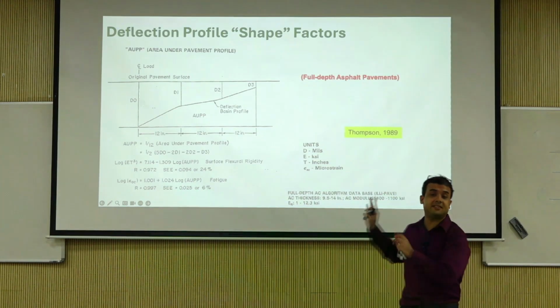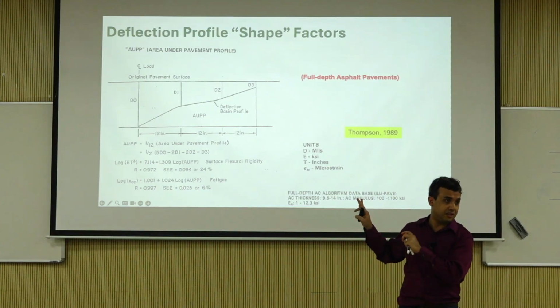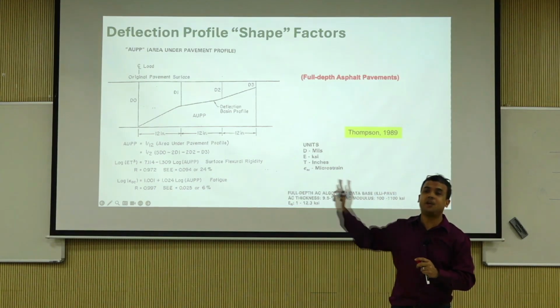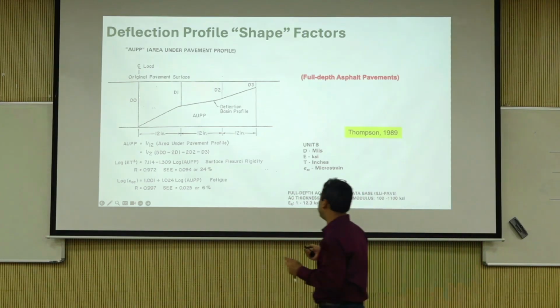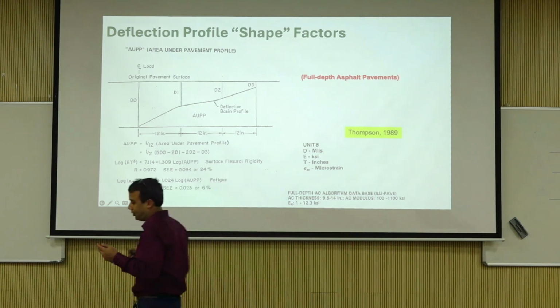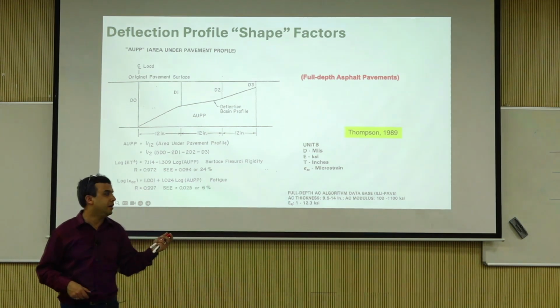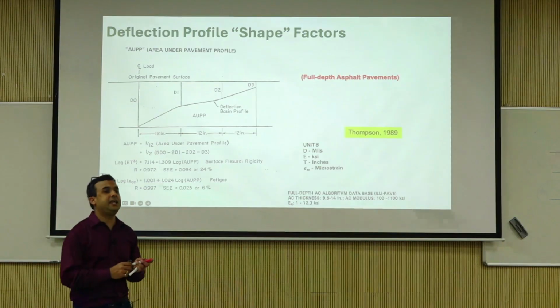I am not saying this is a replacement for back calculation. I am saying this is an easier way of implementation, right? So one of the best things I like about this approach, and the whole thing that Illinois did and Professor Thompson did, is his work.